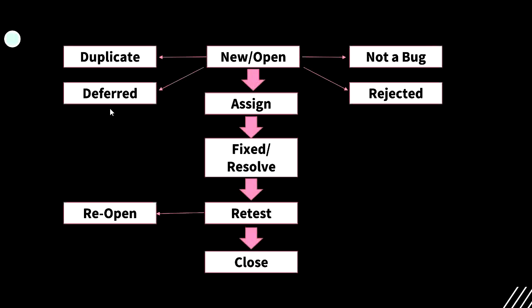It can be released as part of the next release, because it might take a little more time to do analysis. In that case, they will defer the defect, and it will be taken into the next sprint, where people will work on it and give the fix. So these are the different statuses we have in the defect life cycle. This is about the defect life cycle.